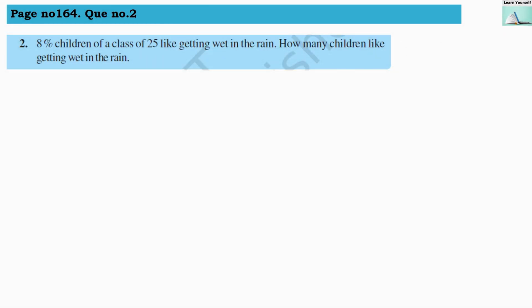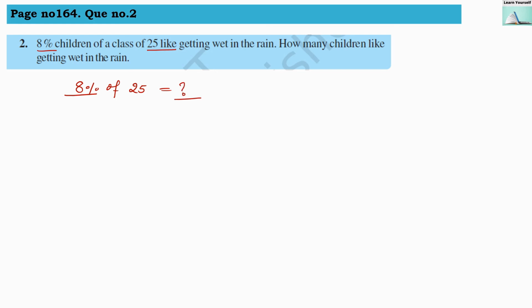Question number 2. 8% children of a class of 25 like getting wet in rain. How many children like getting wet in rain? So we have to find out the number of children who got wet in rain, and that is 8% of 25. So 8% of 25 will be what number, that we have to find out.